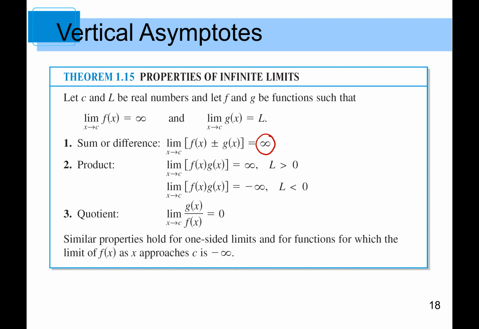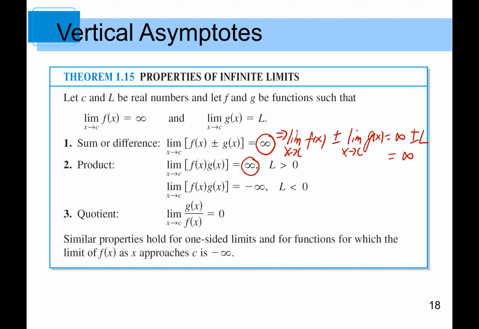Product: when you multiply both functions, the limit is still infinity. It's very easy. We can easily prove this, right? We can just separate into two different limits. The first one is infinity. Infinity plus or minus a constant is still infinity, right? So this is a quick proof.